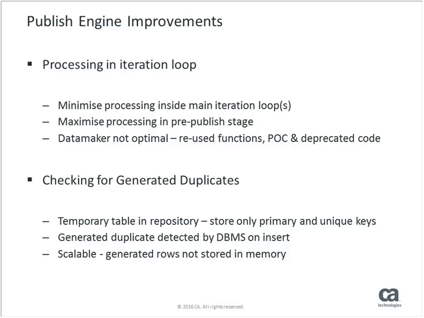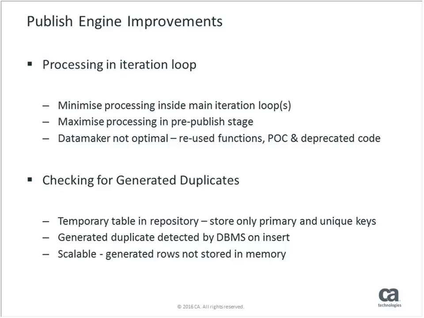What we tried to do in Portal now is split that up into different stages. So some things can be pre-processed and some things can be post-processed. Just like with pre and post-action, we can split that into different stages. Not everything needs to be processed in the main loop. So we try to reduce the main iteration loop to a minimum stage so that we can speed that up a lot more.